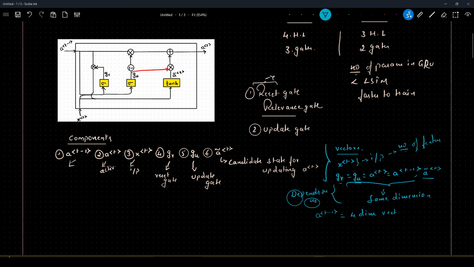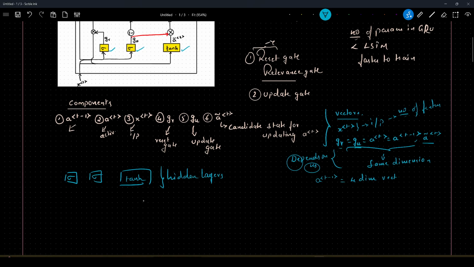We will understand what these boxes here are. These boxes, which are in yellow color in this diagram, are all our hidden layers. These are all neural network layers, and one more thing, they are all fully connected.